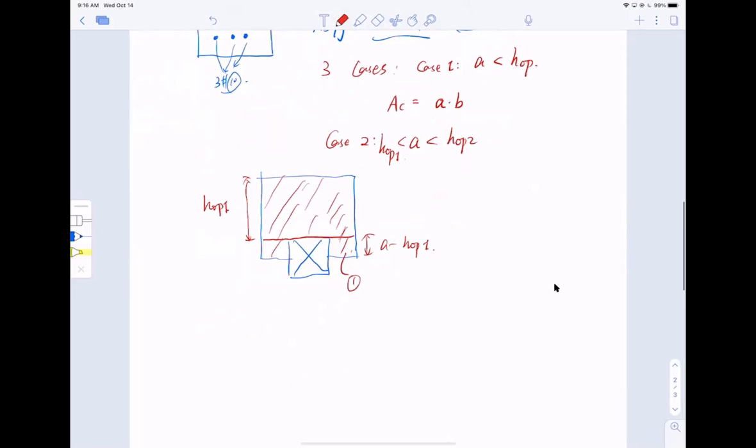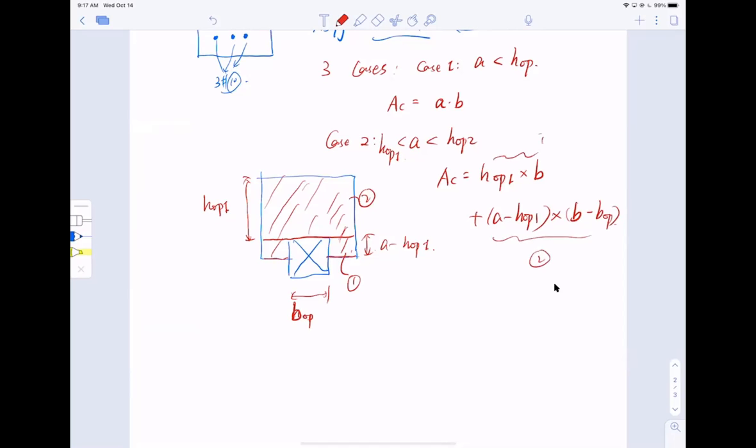So let's call this area 1, call it area 2. So my Ac would equal to h_op1 multiplied by b, plus a minus h_op1, which is this much, multiplied by b minus b_op, right, that's the area of 2, area of 1.